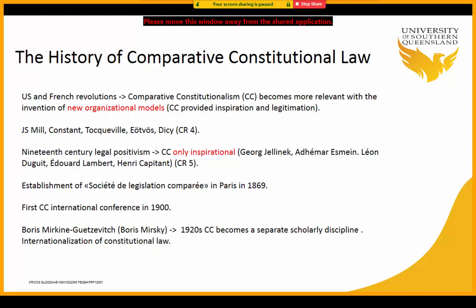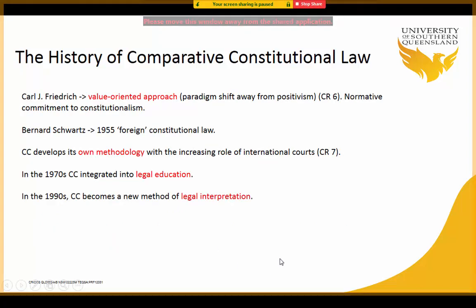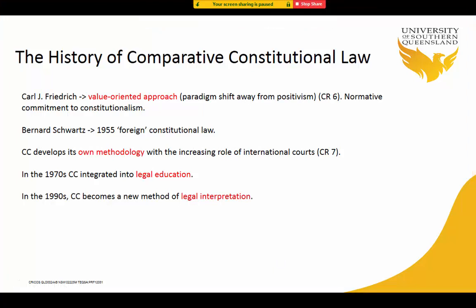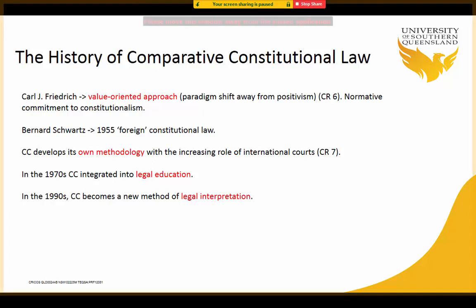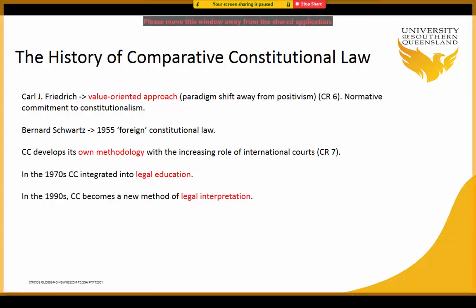That might have a longer pedigree in terms of its establishment as a separate discipline. And then we continue with this historical account of how we got ourselves into a comparative constitutional law movement.